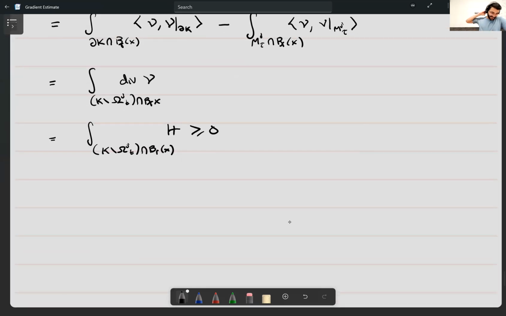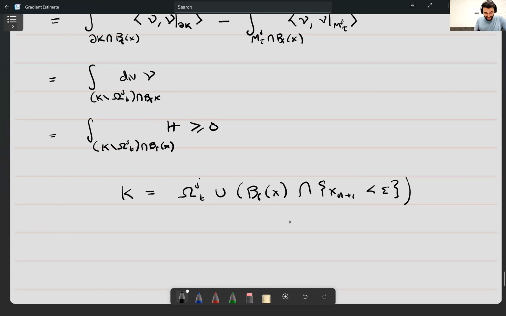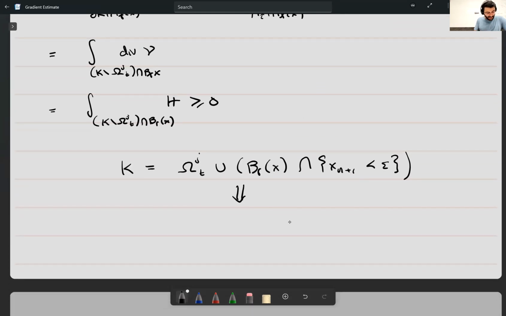Sorry, I had to rush that end. But apparently, if you set K equal to Omega_J^T union B_R(X) intersect x_{n+1} less than epsilon, that gives you that M_J^T intersect B_R(X) is less than or equal to (1 plus epsilon) omega_n r^n.